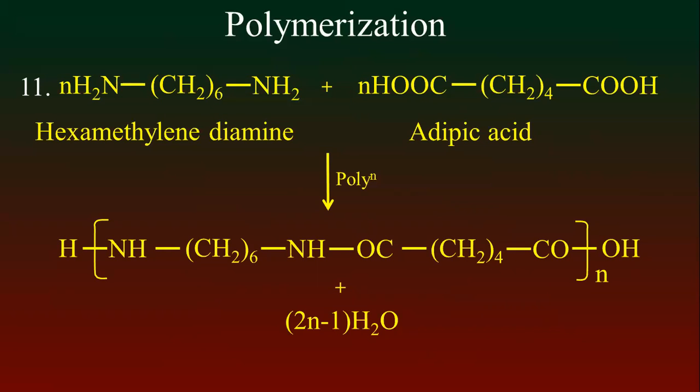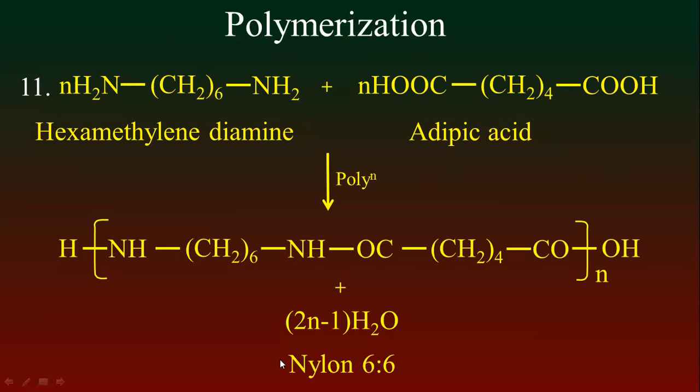Condensation polymerization is one type of polymerization in which a side product or byproduct is also produced with the main polymeric compound. Here nylon 6,6 is produced as the polymeric compound, and with it a water molecule is also produced from the reaction between hexamethylene diamine and adipic acid.